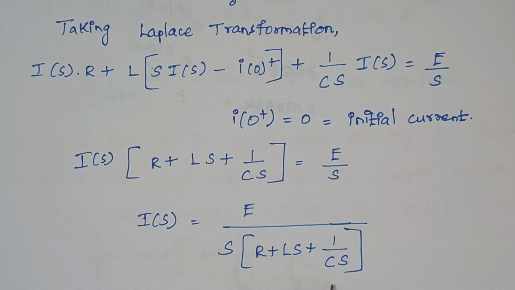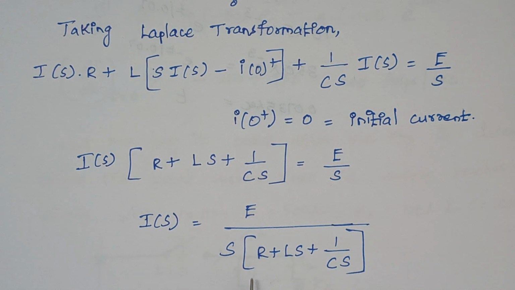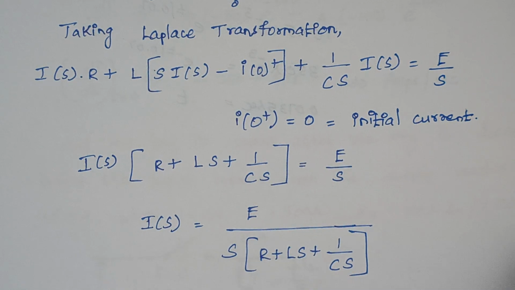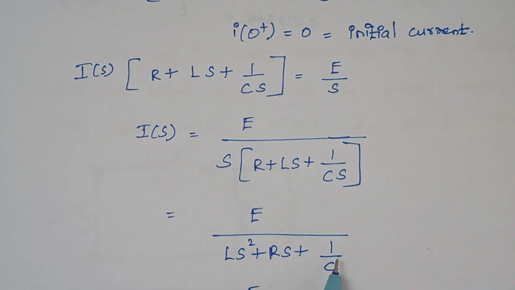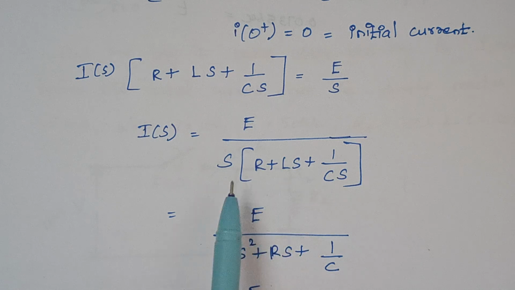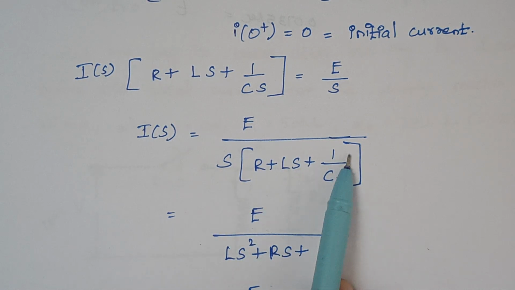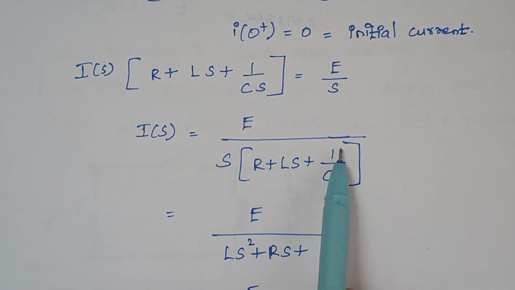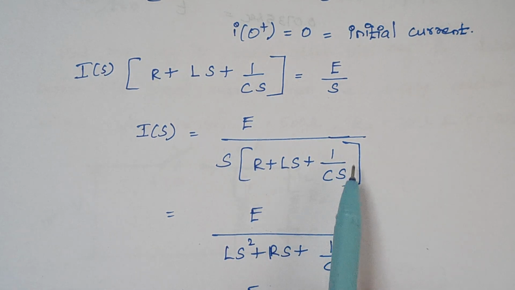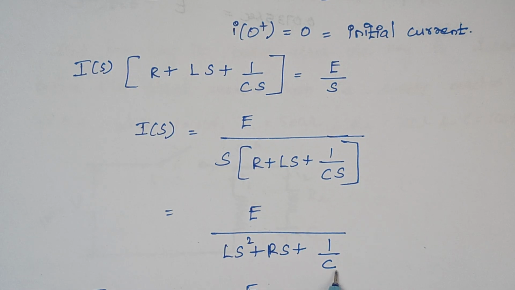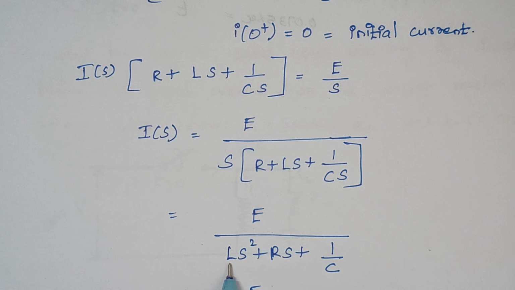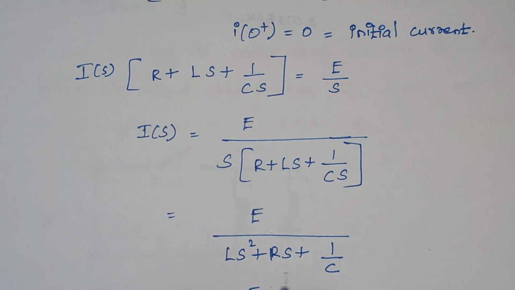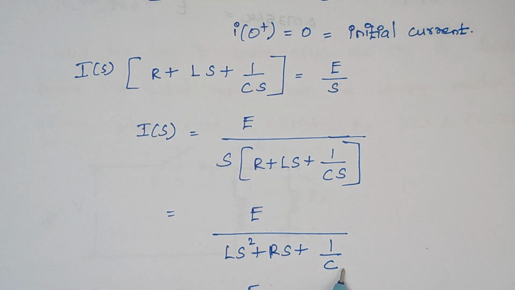Now the next thing is I am going to multiply S with the terms inside this bracket. When you multiply, our expression becomes S into R plus L S square plus, when you multiply by S, the numerator and the denominator S get cancelled and we have 1 by C. Now I am going to take this L outside because we always need an expression in terms of S square, S and some constants.